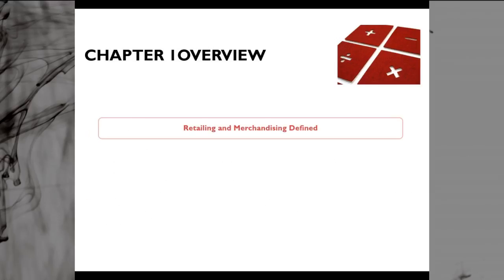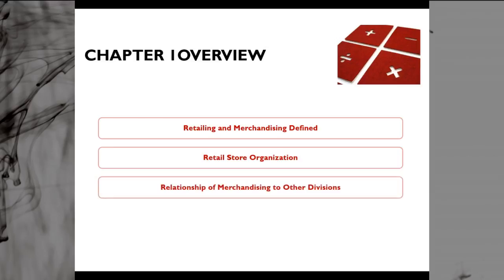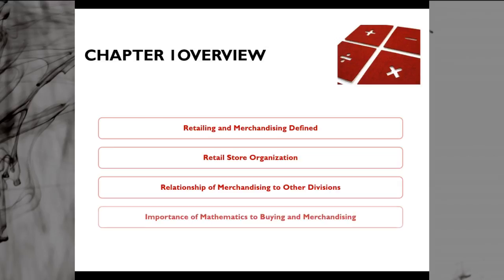Especially for chapter 1, we're going to talk about the definition of retailing and merchandising and retail store organization, the relationship of merchandising to other divisions, and the importance of mathematics to buying and merchandising. If you're not familiar with the terms I mentioned, don't worry about it because we're going to talk about that throughout the semester.